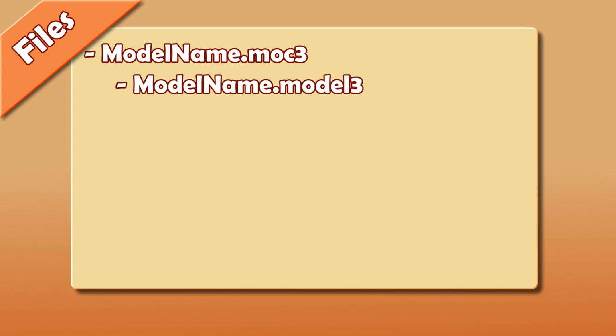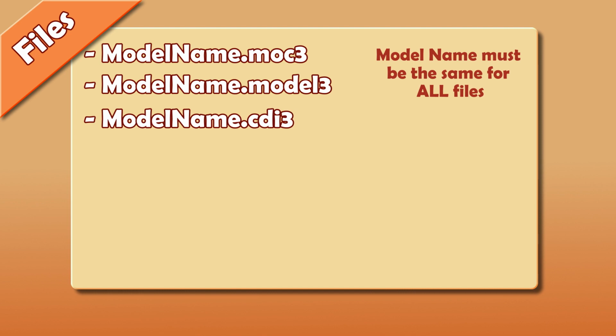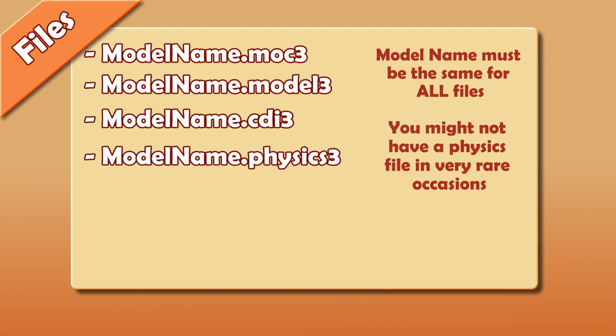So, first things, you are going to want to get files from your rigger. These should be a .moc3 file, which is the main file of your model and what will be used to load into VTube Studio. You'll have a .model3 file, a .cdi3 file, a .physics3 file, which you might not have, but you probably should.